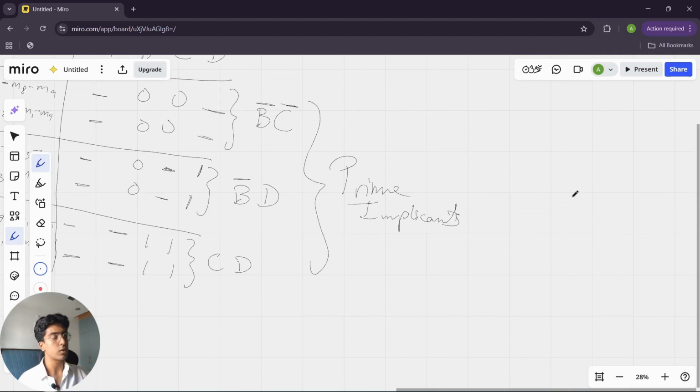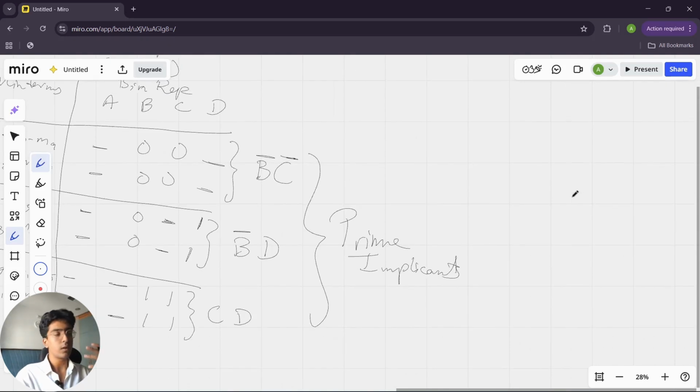That will be given in the question to us. Anyways, these are the prime implicants that are given to us. You might be wondering, why did we not move on to step 4? Since there are no more matched pairs after step 3, there will not be any step 4.